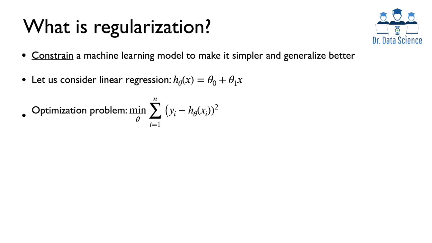So what is regularization? In simple terms, the goal of regularization is to constrain a machine learning model to make it simpler and make sure that it generalizes better. So what does it mean to generalize better? Remember that in machine learning, we have typically two datasets, a training dataset and a testing dataset.